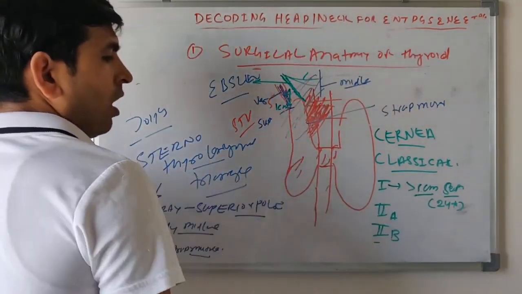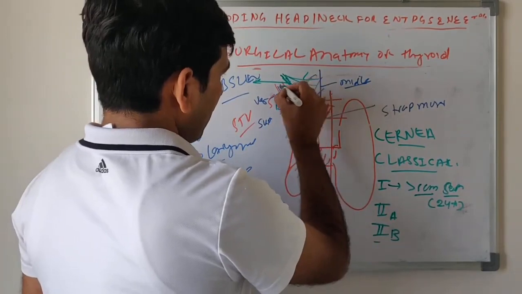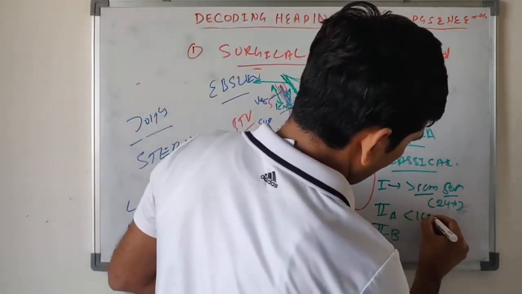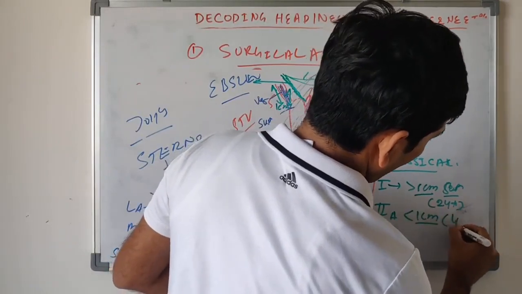If it crosses less than 1 centimeter, near the pole, it is present in 48%.